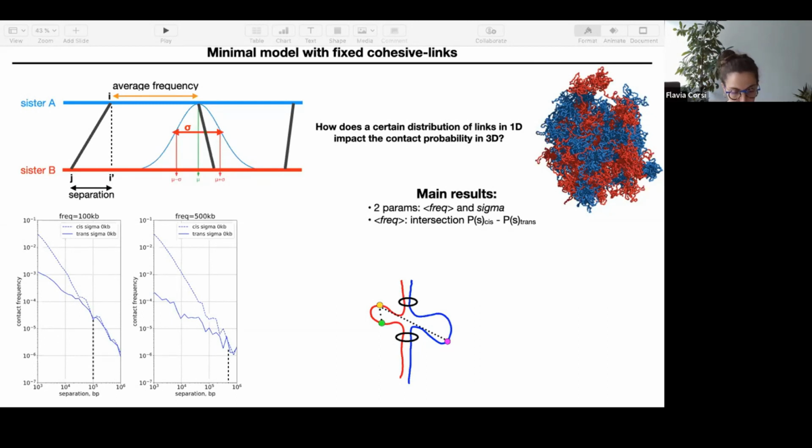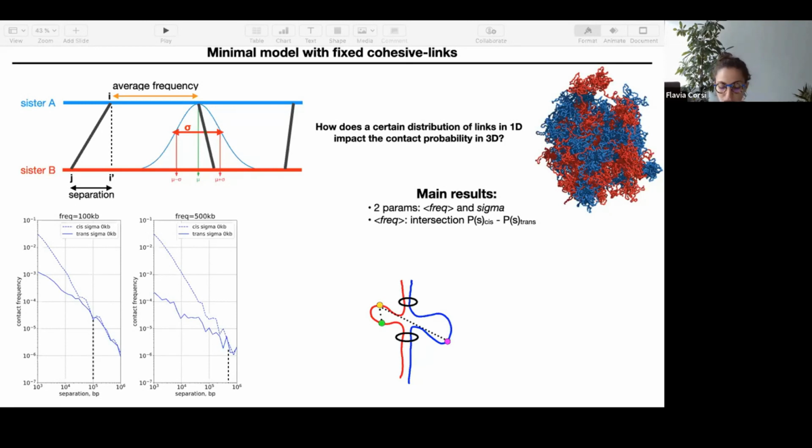So we see how changing the average frequency between consecutive links doesn't impact the probability of contact within the same sequence, but impacts the probability of contact between 2 different sequences. It seems that the average frequency between consecutive links determines the intersection point between cis and trans curves.